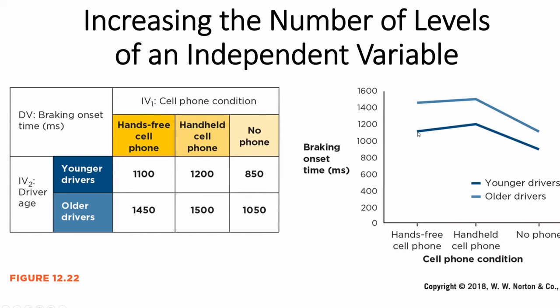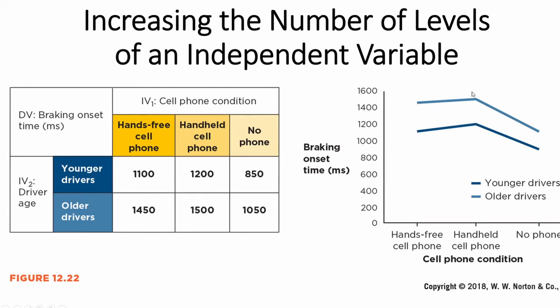And then we still have our darker blue line are the younger drivers, and the lighter blue line is our older drivers. And so we can look at our younger drivers. They performed the worst. They had the slowest braking onset time when using a handheld cell phone. The next worst would be hands-free cell phone, and then the last would be no cell phone.